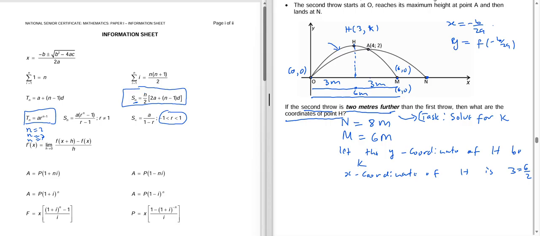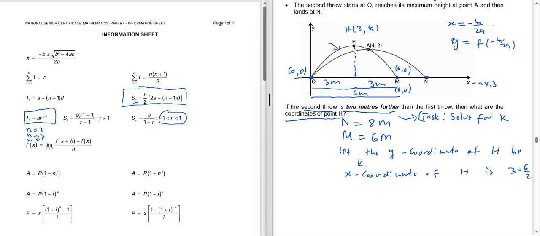Now you need to understand that to create a function of a parabola, it is easier to do that when you are given where the parabola intersects with the x-axis. So it is to our advantage to choose 0, 0 and 6, 0, because they are related by the x-axis.